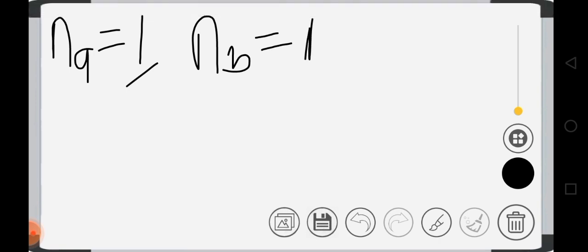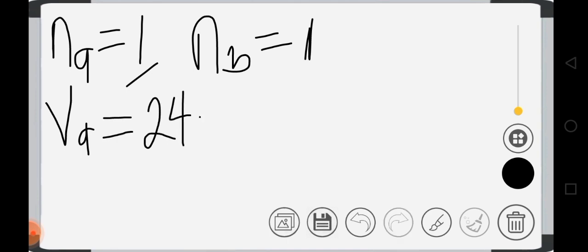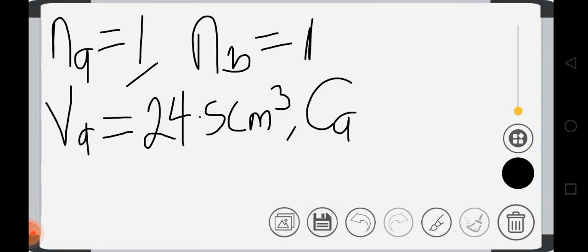Then from the question, the volume of the acid was 24.5 cm³. The concentration of the acid was 0.5 molar.